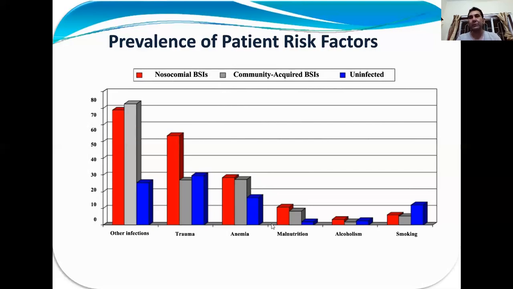Malnutrition is also similar. But alcoholism, as compared to trauma and the other infection, the alcoholic patients admitted in the hospital seem very protected from nosocomial infection and community acquired infection, because they have more alcohol at the plasma level. So maybe it is protective.